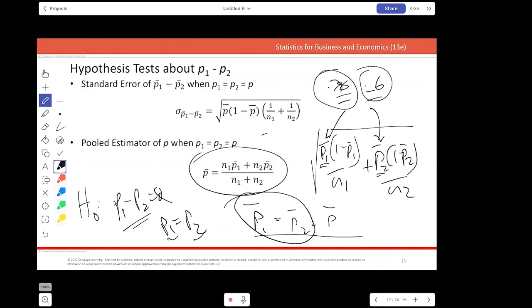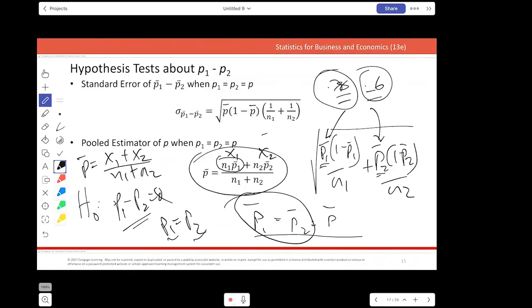So that's one formula right here to do it, which is we basically take the sample size N1 times the proportion. In essence, that really just gives us the observations that we had, X1. And then this one will give us the observations from sample 2, X2. So we could also write this as P bar is equal to X1 plus X2 over N1 plus N2. When I say X, I mean the number of observations.